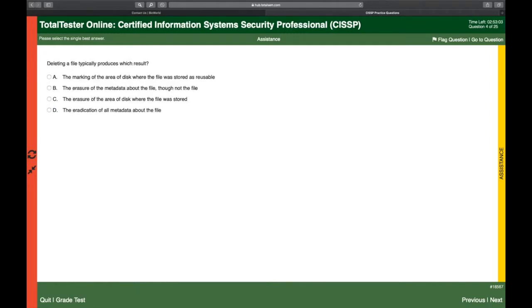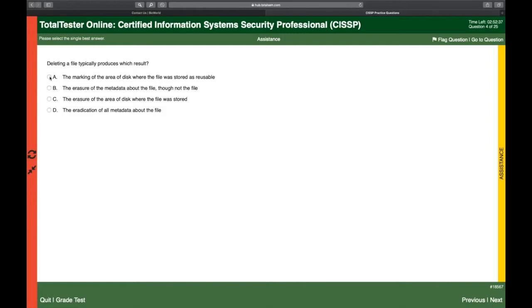Number 4, deleting a file typically produces which result? Deleting a file. Yeah, we've seen this one before. This is a layup. Anyone ready? I say Alpha. All right, anyone else?